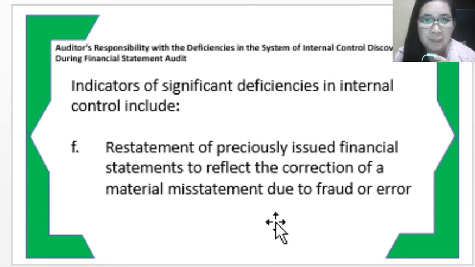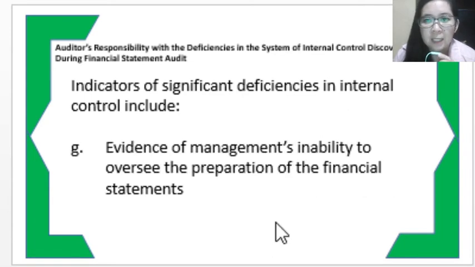So again, this is considered to be a significant deficiency as well. Another is evidence of management's inability to oversee the preparation of FS. So meaning there is loose internal control, especially in the preparation of the FS. So here, those who are responsible for preparing such will have the chance to commit error or even fraud.